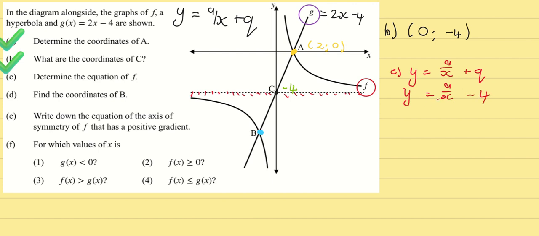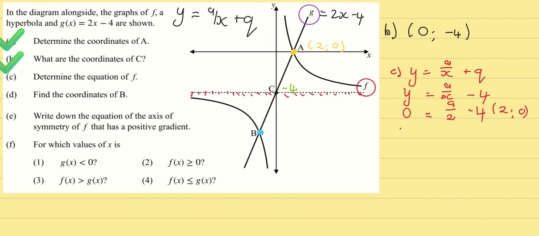At this point you have 1, 2, 3 variables, and you can easily solve for a by substituting a point. So we will substitute this yellow point A, seeing as it does lie on our f function. So we will substitute 2 and 0 into our equation, and it will look as follows. Okay, so 0 is equal to a over 2 minus 4.